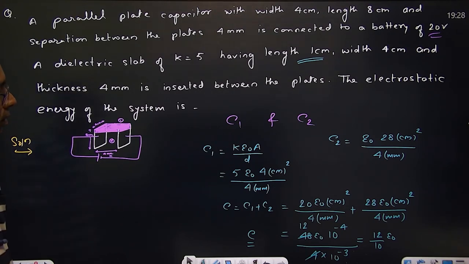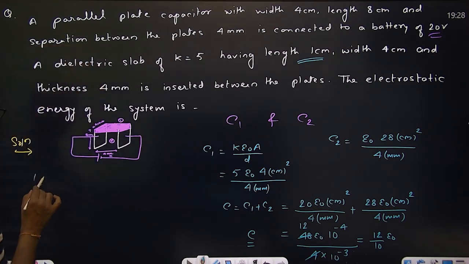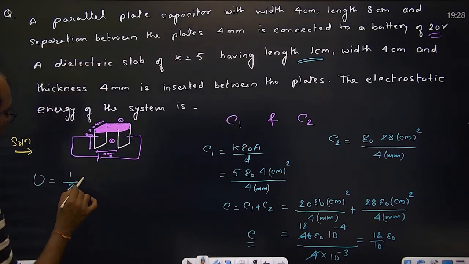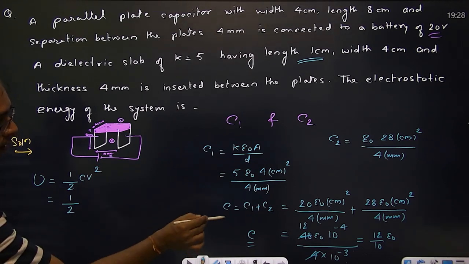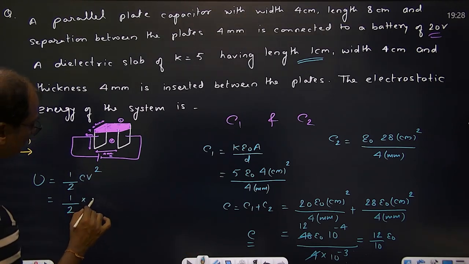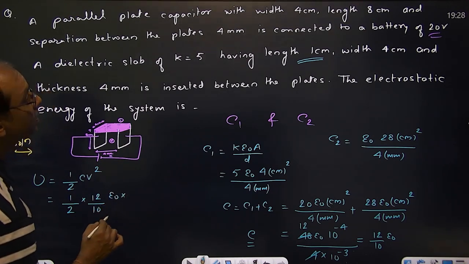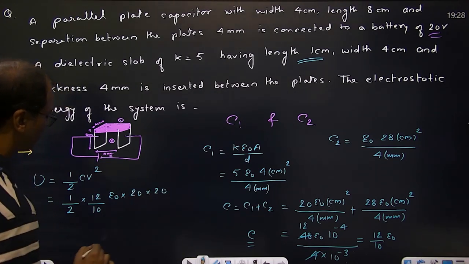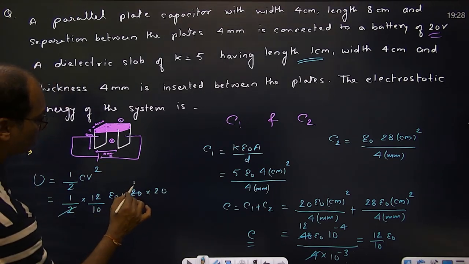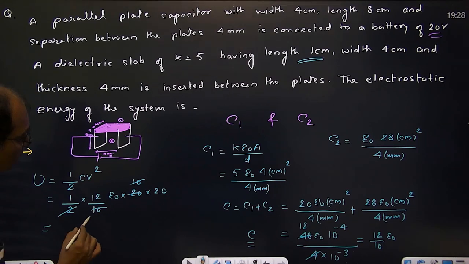Right. So now energy. Energy is half CV square. So 1 by 2, 12 by 10 epsilon naught into V square. V square means 20 square, so 20 into 20. So 2, 10 and 10 cancel. What we are getting? 12 into 20, that is 240.